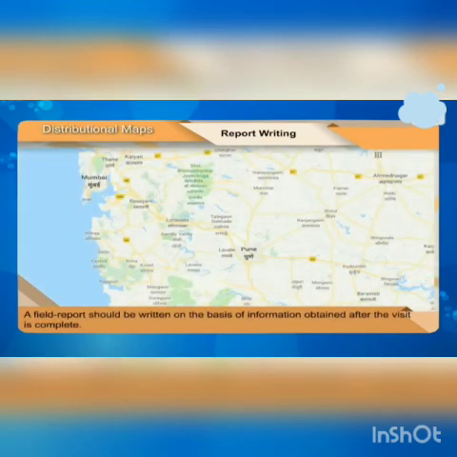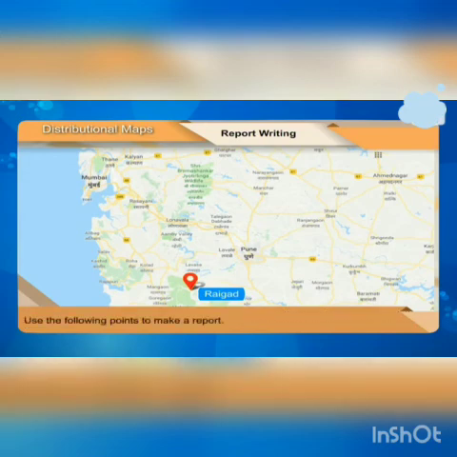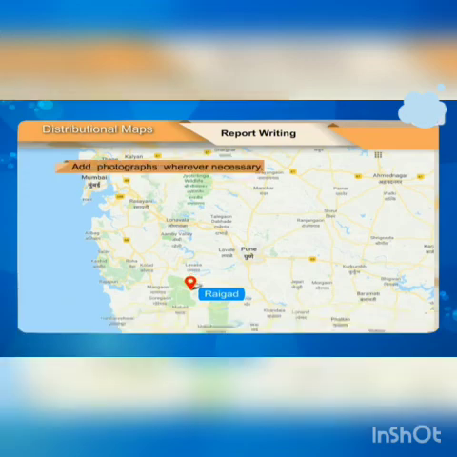Report writing. A field report should be written on the basis of information obtained after the visit is complete. We have to give it to the teacher and there are marks for it. The following points are necessary.